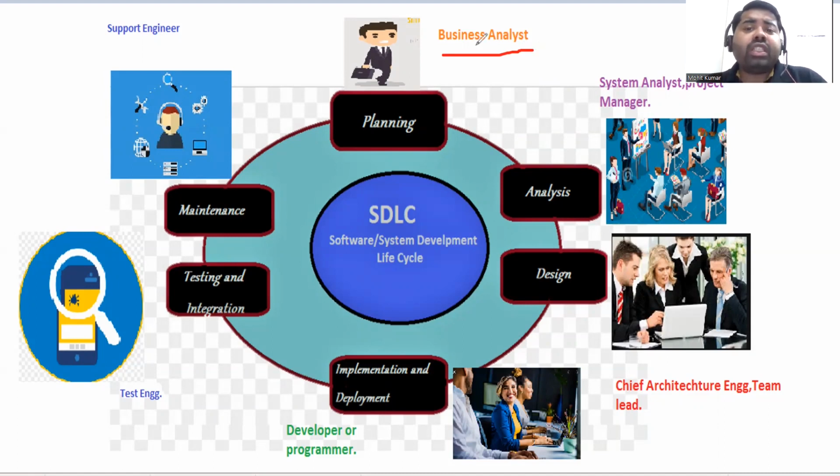The TCS people will have a meeting with the Apple people and collect the requirements from Apple, asking what their requirement is. The business analyst will create a document called the requirement document.